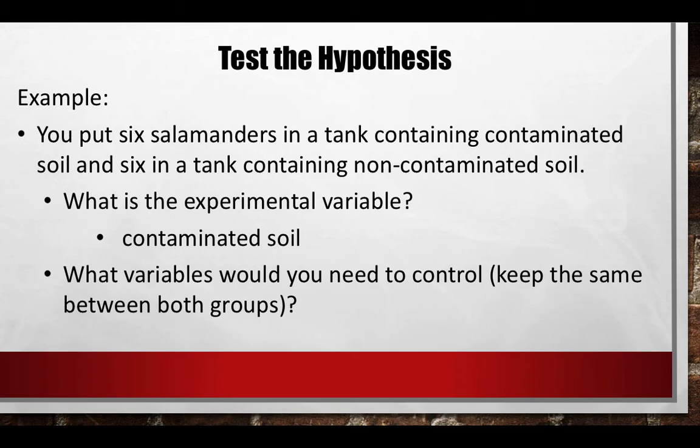I want you to answer this question that's coming up, and type out at least a couple of different things that we would need to keep the same between both groups.